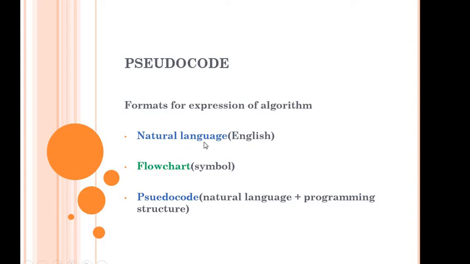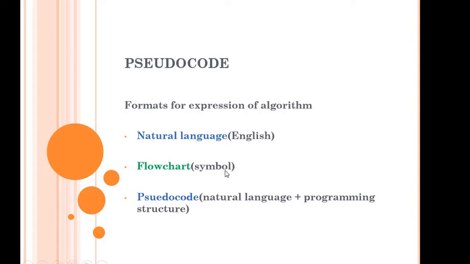First one, natural language, means each and every step inside the algorithm is explained using English statements. Second thing, flowchart. You have seen this in the record section while writing your record note. A flowchart is nothing but a combination of symbols.